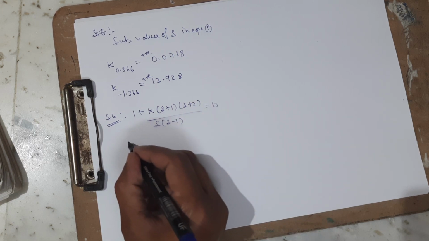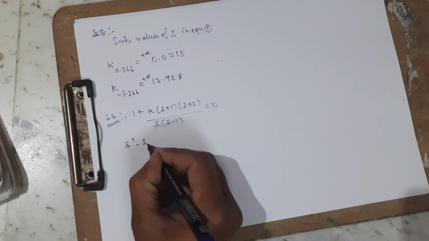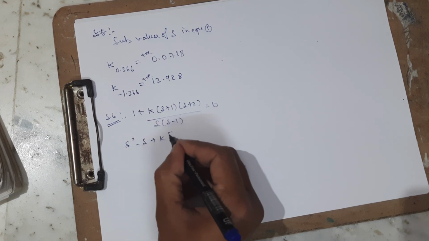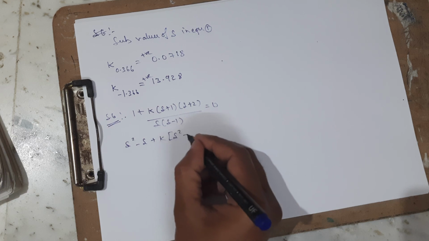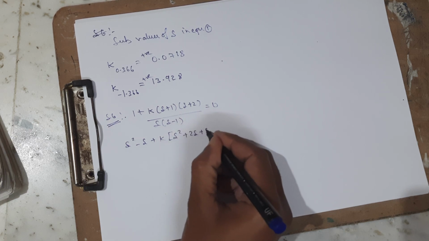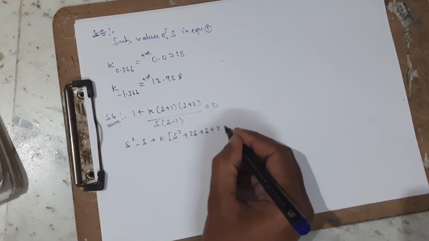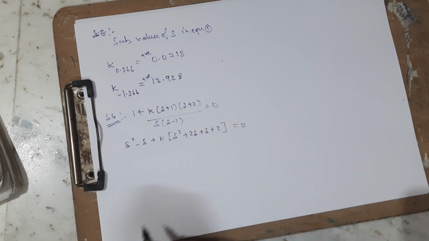So if I simplify this, I get s square minus s plus K into (s square plus 3s plus 2) is equal to 0.